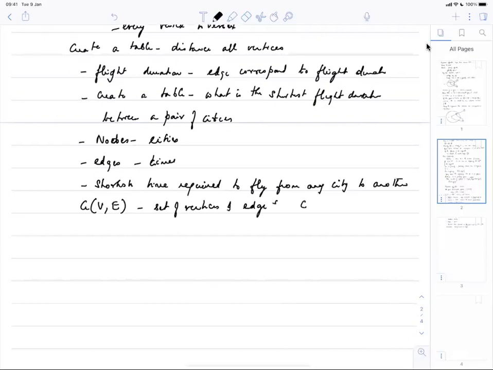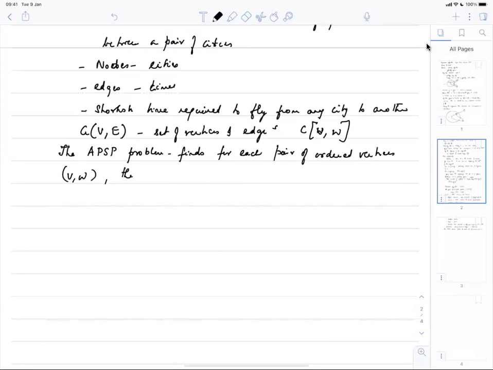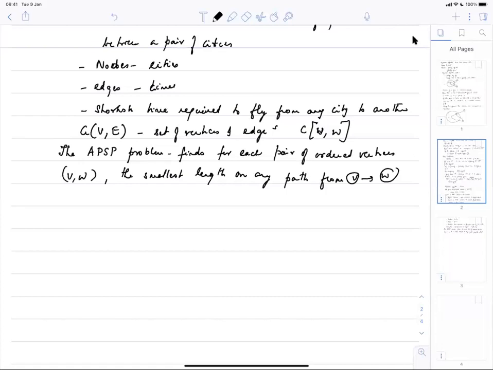And these edges are stored in a cost matrix, C of V comma W. The all pairs shortest path problem finds for each pair of ordered vertices V comma W the smallest length on any path from V to W. Okay, so you want to find this for every ordered pair of vertices.